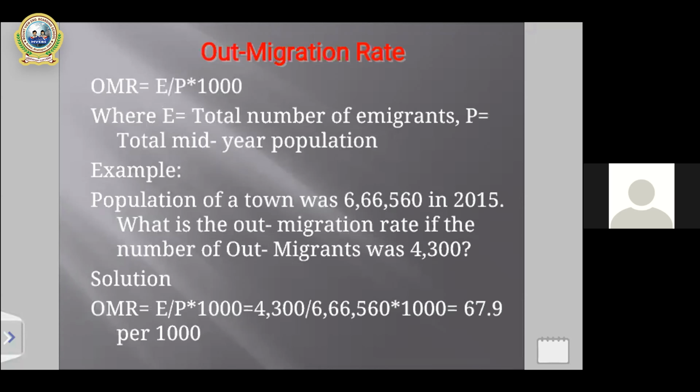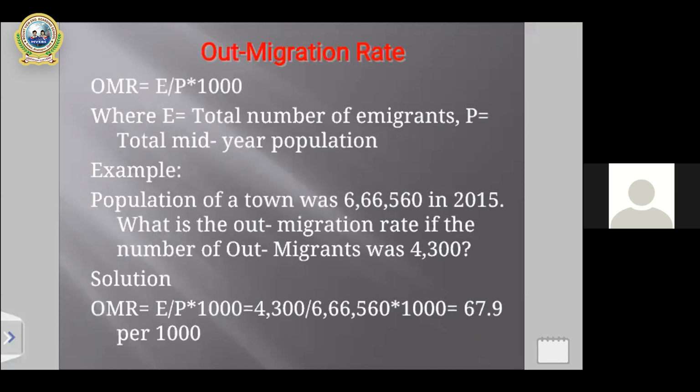Now, after the meaning of E and P, like IMR, there is one example to calculate the OMR. The example is here. Suppose that the population of a town was 6,66,560 in 2015. What is the out-migration rate if the number of out-migrants was 4,300? Now, solution.